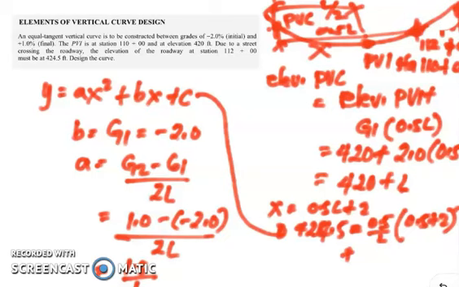B is negative 2, our x is 0.5 L plus 2, then plus c. Our c is equivalent to 420 plus L. So we simplify this so that we can identify the value for L.